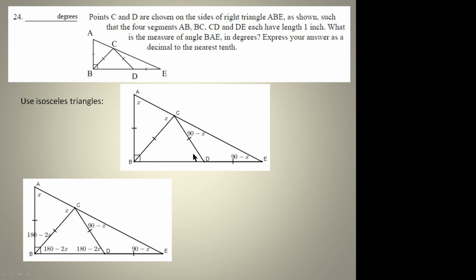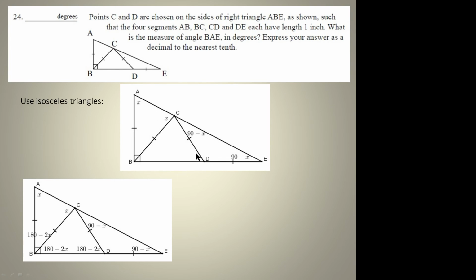This angle will be the same as the sum of the two angles here. Why? Because this angle plus this angle is 180 degrees, but this angle plus those two angles is also 180 degrees because they are in a triangle.